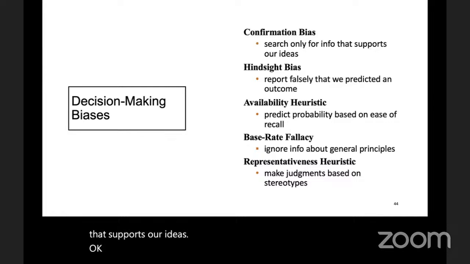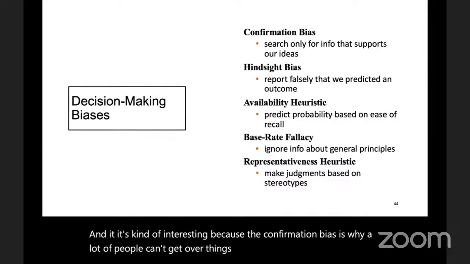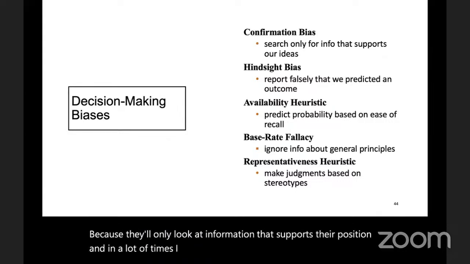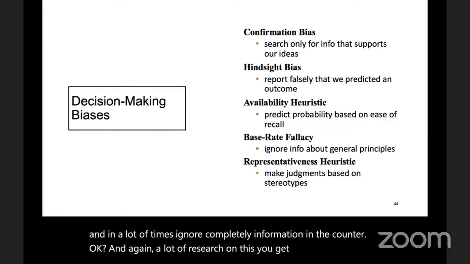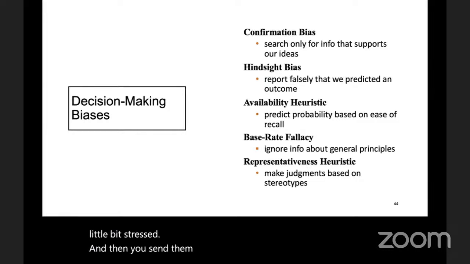It's kind of interesting because the confirmation bias is why a lot of people can't get over things like prejudice and discrimination, because they'll only look at information that supports their position, and a lot of times ignore completely information to the contrary. And there's a lot of research on this: you get the participant a little bit stressed, and then you send them into their day, and you see what they do.